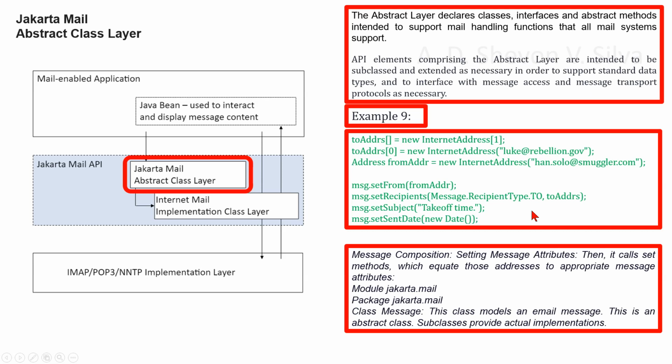The Message class also provides two versions of setFrom method. setFrom(Address) specifies the sender explicitly from an Address object parameter. setFrom without parameters retrieves the sender's name from the local system.